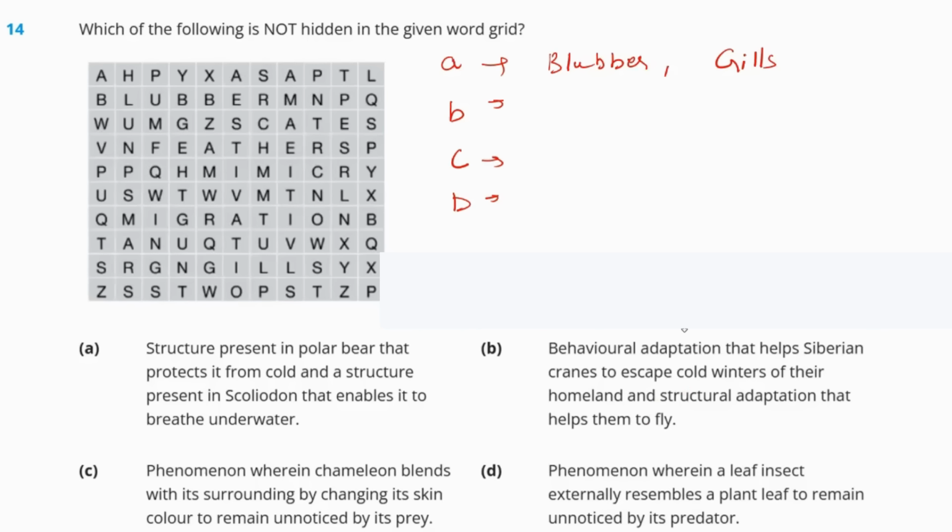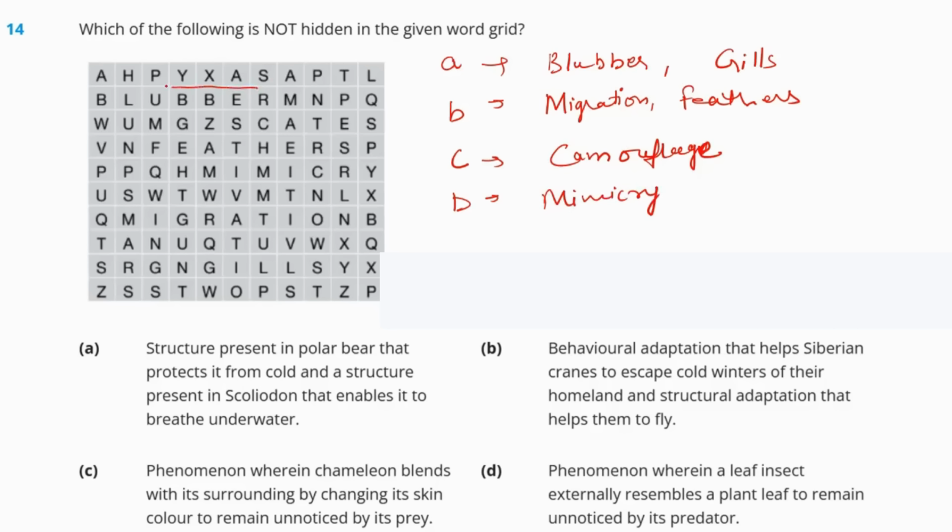What it would be? It would be migration. During migration, they would fly away from the cold, harsh winter season to the warmer place, and feathers. Correct. Option number C. Phenomenon wherein chameleon blends with its surrounding by changing its skin color to remain unnoticed by its prey. It should be camouflage. Right? It would be camouflage. Option number D, mimicry.